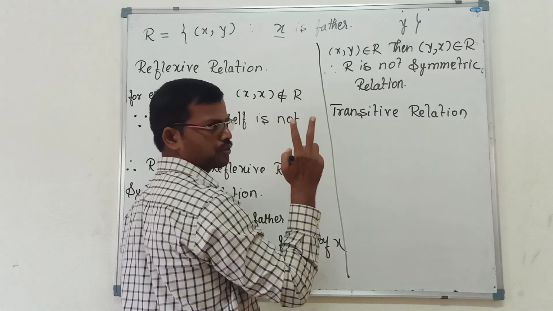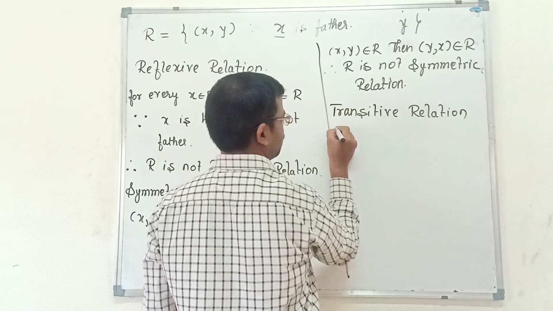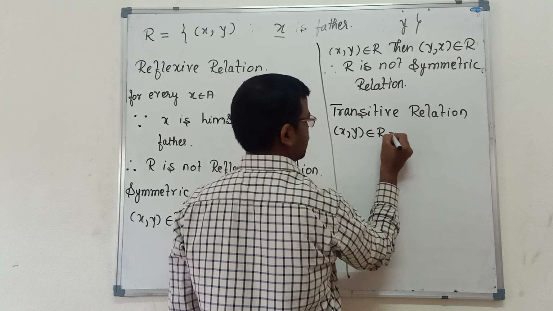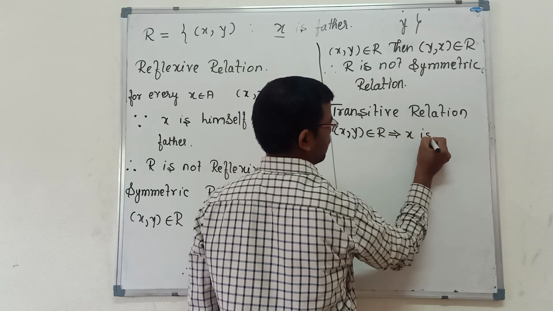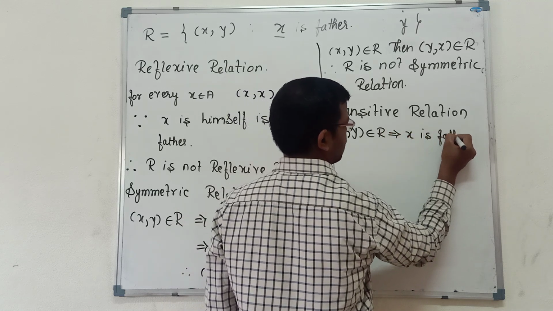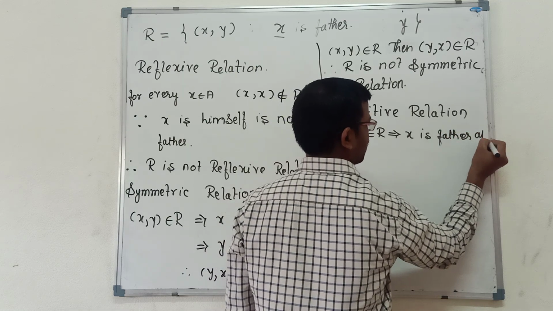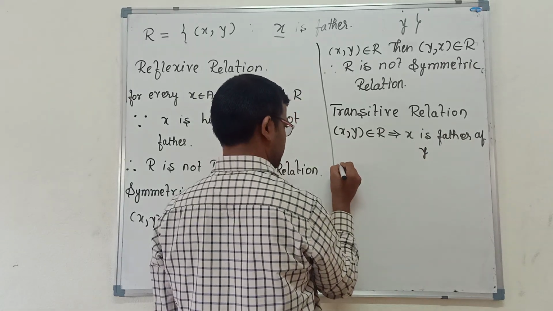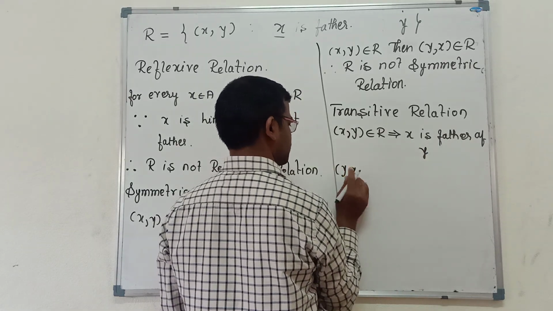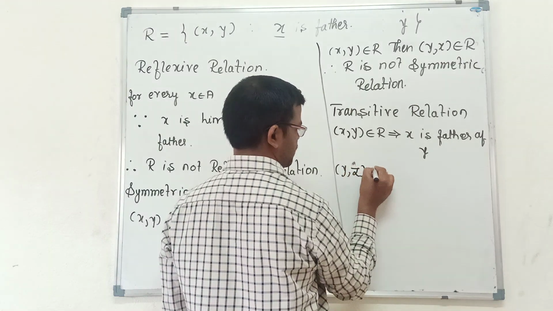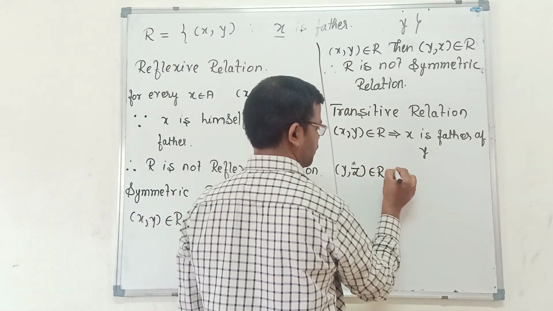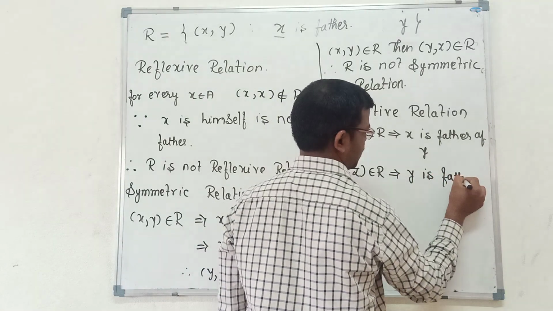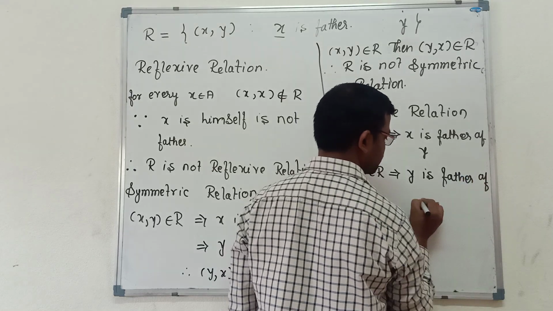Transitive relation means we should have two pairs. Let me consider those two pairs. That is x comma y belongs to R. It implies that x is a father of y. So if x is the father of y, then we can take y comma z belongs to R. It implies that y is the father of z.